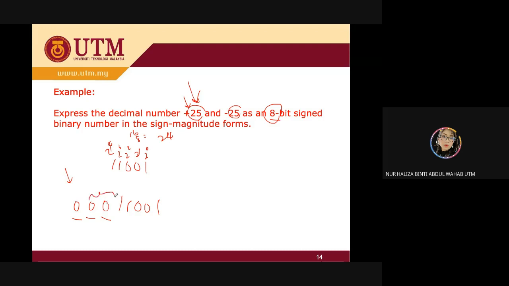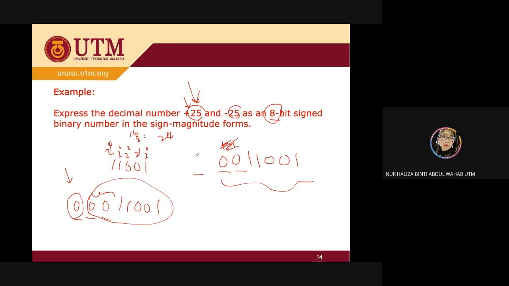This one is still the magnitude. This is the only sign. And for my negative number, this is still my magnitude. That's why I need to put 0, 0, because if I put 1, 1 over here, it will affect my value or my magnitude, isn't it?